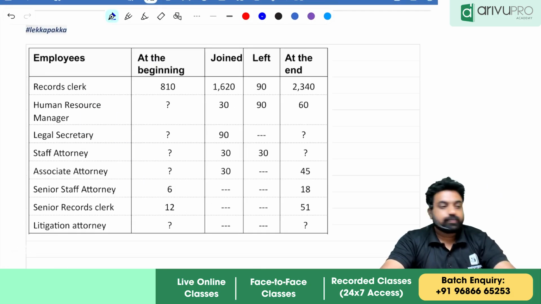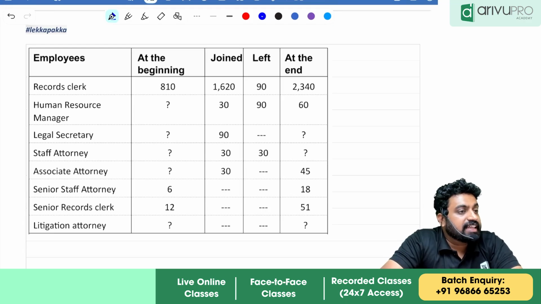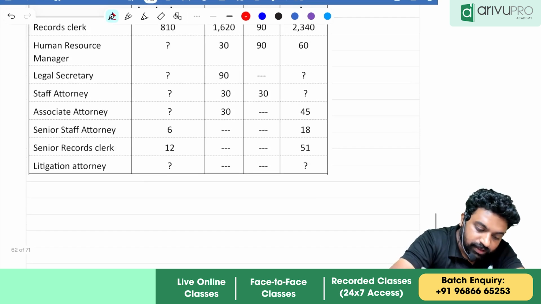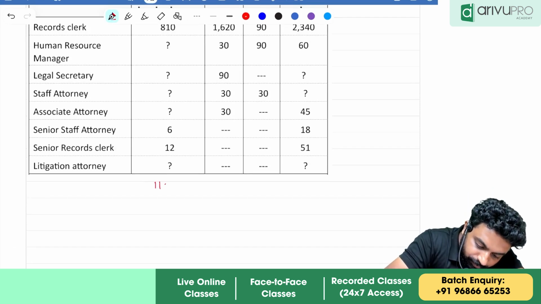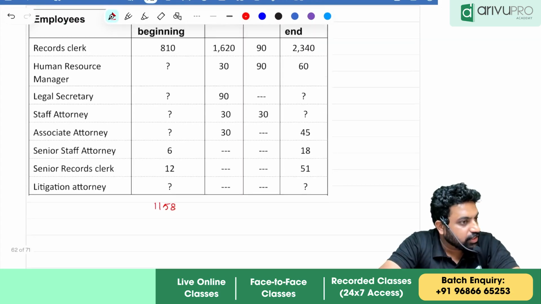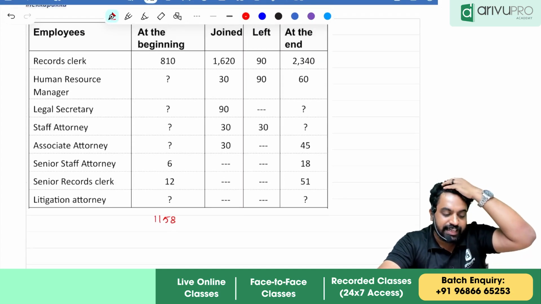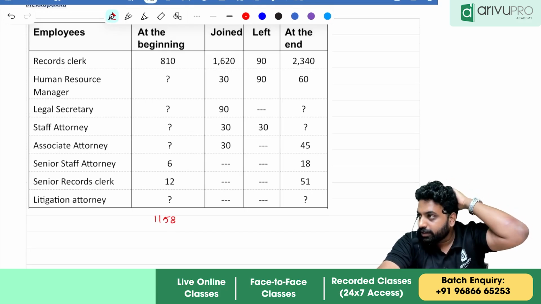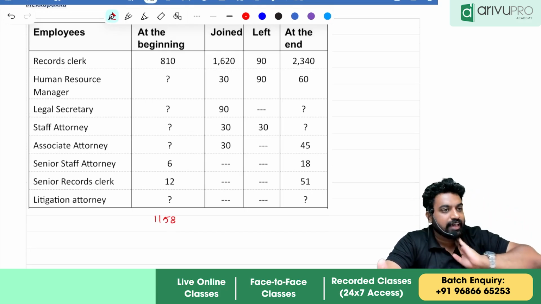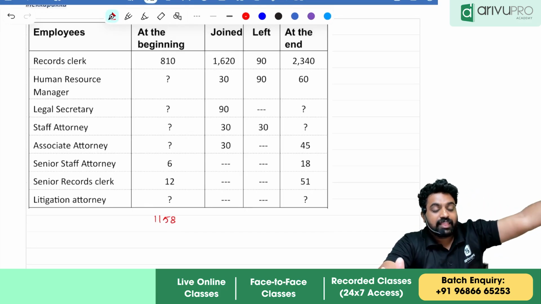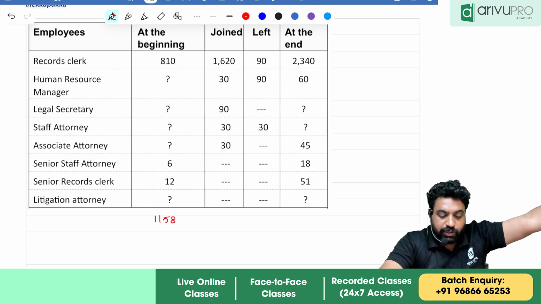Okay. Tell me, at the beginning of the year, how many employees are there? 1158 employees are there. Correct? Now, listen. For the records clerk, all the information is there. Look at the HR manager. Opening itself is not there. All other information is there. That means using that, don't you think you can find out how much the HR opening is?